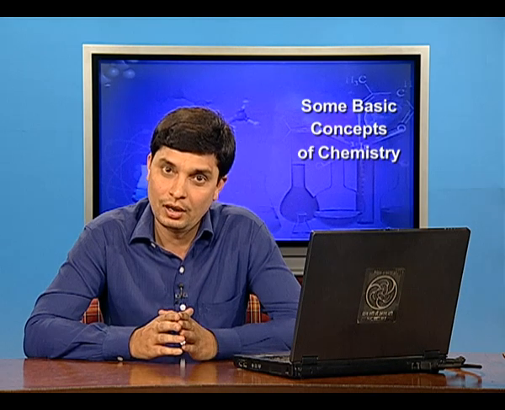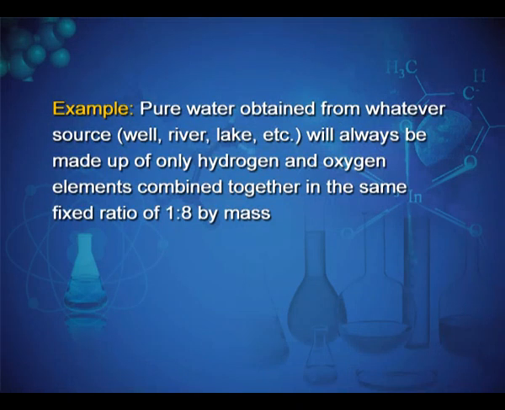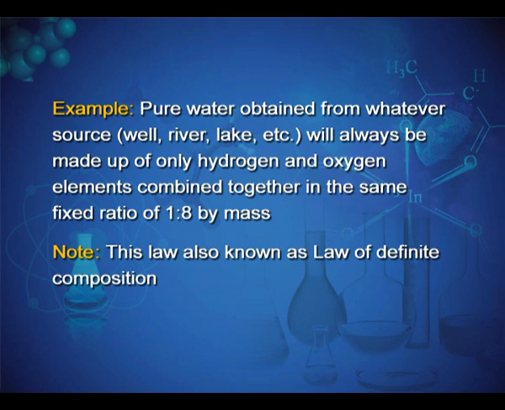As an example, pure water obtained from whatever source, either river, lake, etc., will always be made up of only hydrogen and oxygen elements combining together in the same fixed ratio of 1:8 by mass. Note, this law is also known as the law of definite composition.